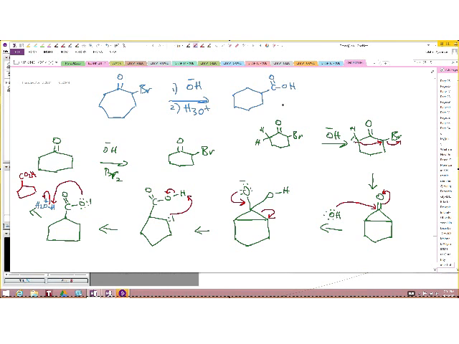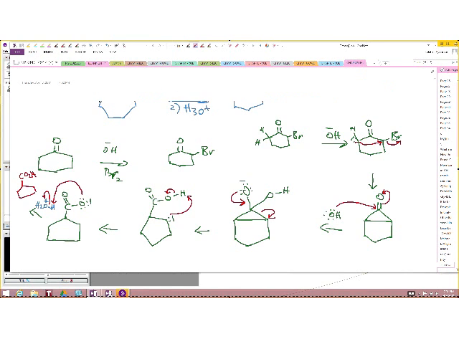So as you can see here, this is what we refer to as a Favorskii reaction, this particular reaction here. And that is why we say it gives you ring contraction. Okay?